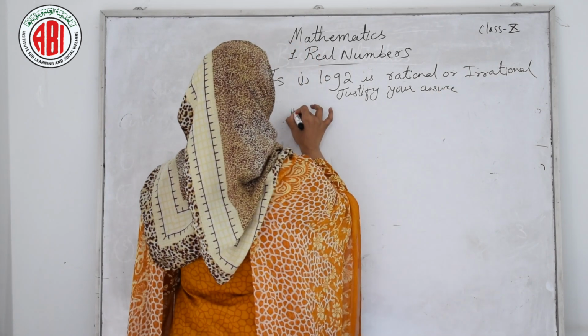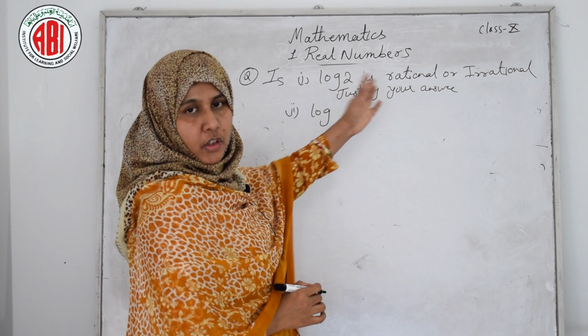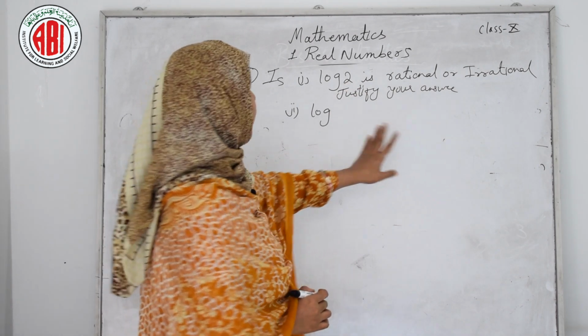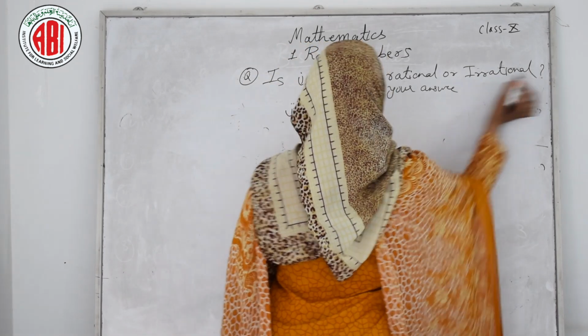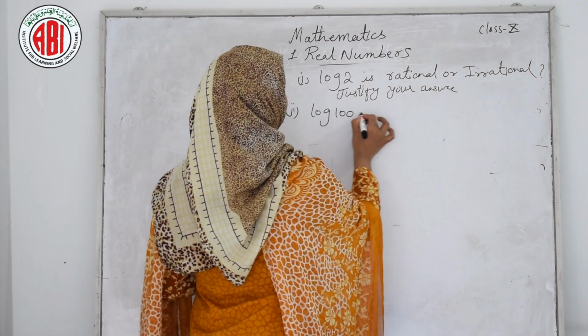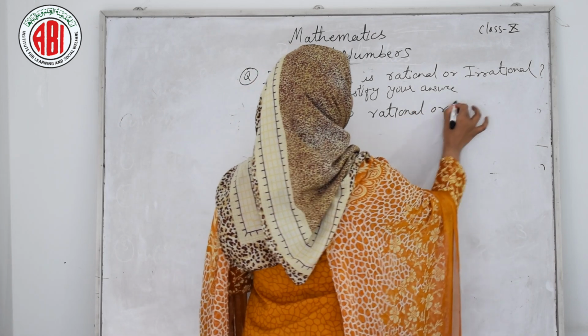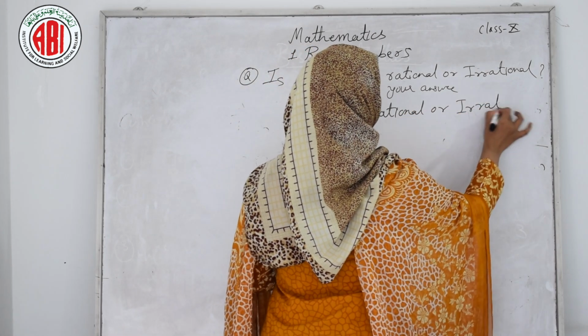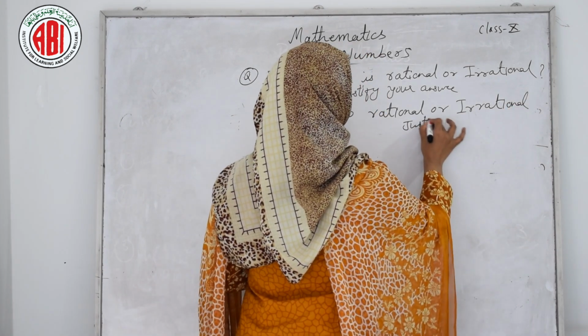And the next one is log 100. Is log 100 rational or irrational? That also you have to justify.